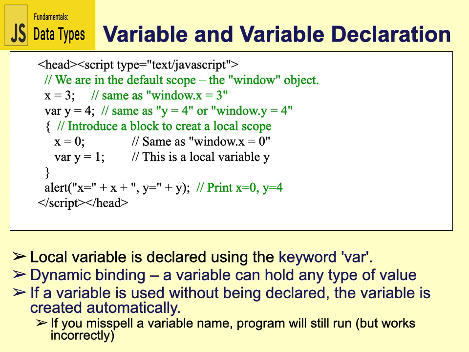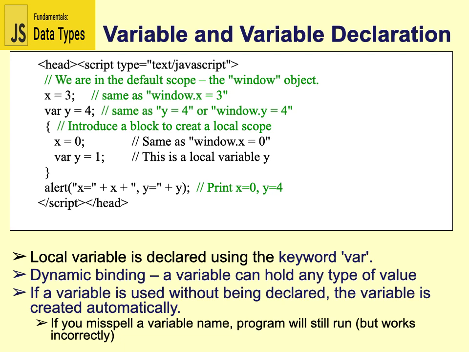See the program. There are two variable declarations, one for x and the other for y. So x is equal to 3 and var y is equal to 4. Both are correct expressions. The first one is declared as x is equal to 3 without a var keyword.